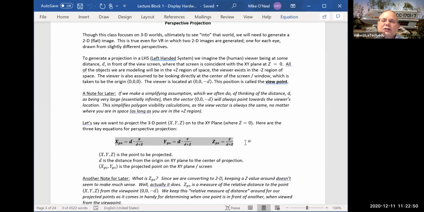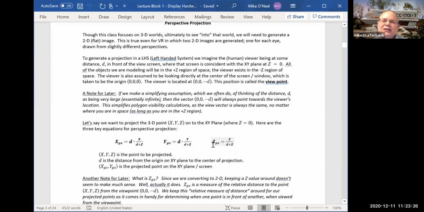They take in an x, y, z point and compute a new x, perspective x, a new y, perspective y, and a new z that we're not going to play with right now, but we're keeping around to keep up with the relative depth of that point, the relative distance that point is from the viewer. So z exists, but we're not going to actually play with it right now. X and y are the most important things.